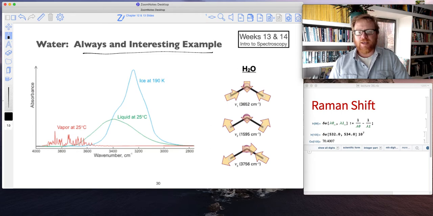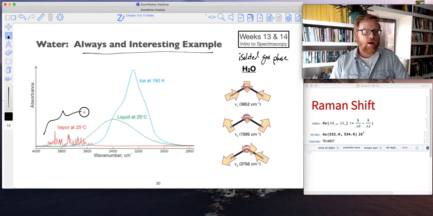So here we can see those normal modes. And these energies, like I said, these would be for isolated gas phase molecules. Okay? So the first thing I want to point out is the vapor. And so we can see here, these are all of the rotational lines.